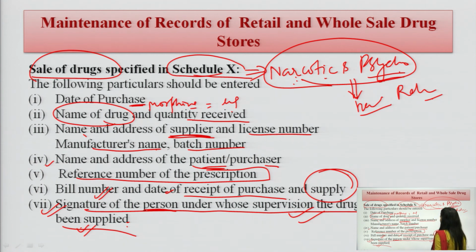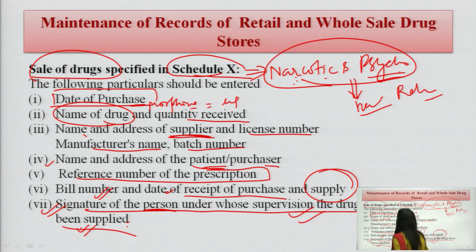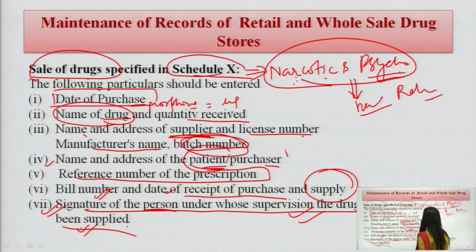They should be given in whatever quantity is written in the prescription, and for that we maintain proper records: date of purchase, name of the drug, quantity the patient has received, who the supplier is, who is manufacturing that particular drug, the batch number, which is very important, the license number, and who the patient or purchaser is.